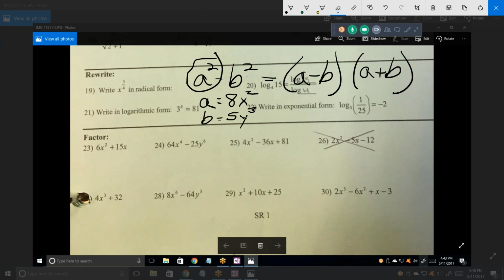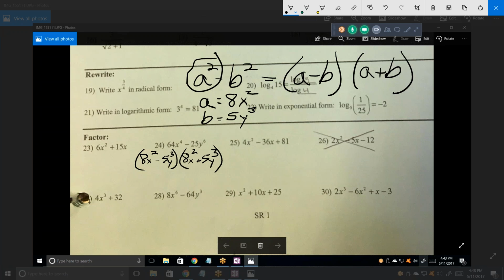Okay, so now that I know what a and b are, the problem becomes relatively straightforward. We know it's a minus b times a plus b. So fill it in. 8x squared minus 5y to the third, and then 8x squared plus 5y to the third.